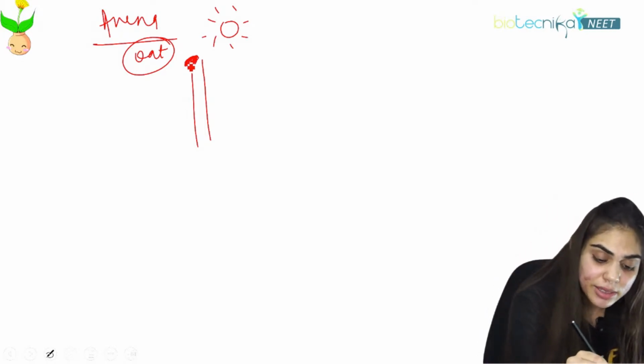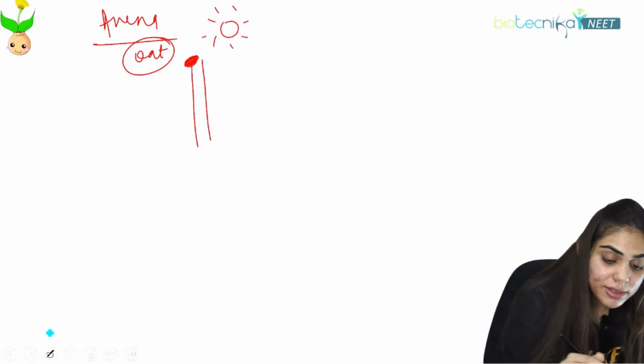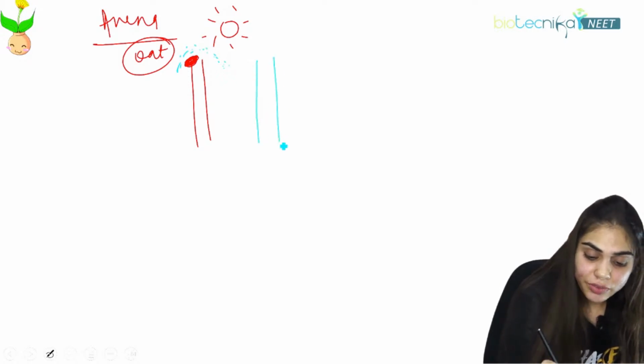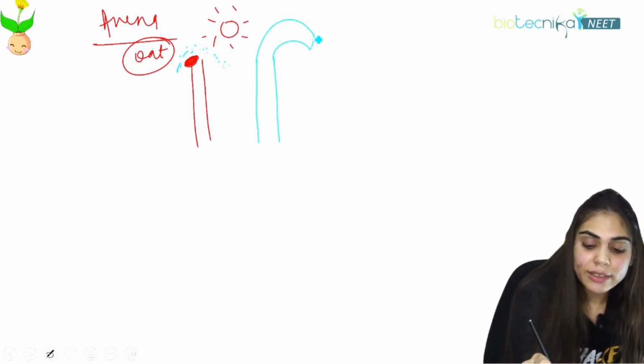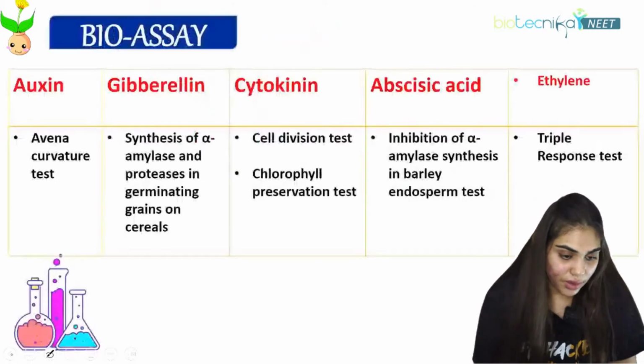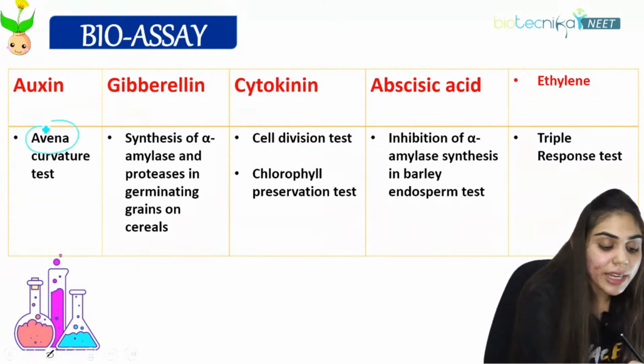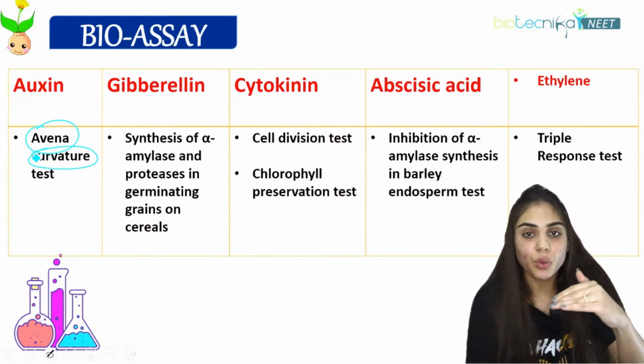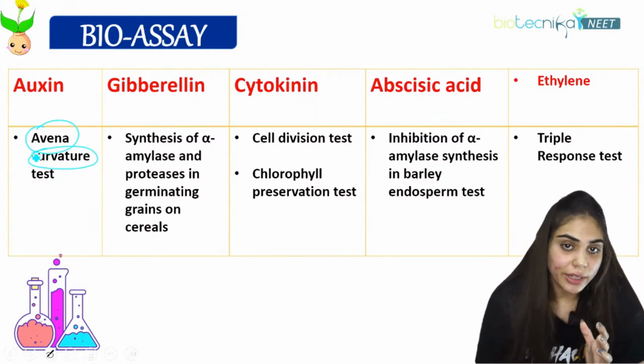This chemical substance caused the plant cells to grow towards the light side, so after some time the plant will bend. This is the bioassay for auxin, called the Avena curvature test, because the Avena oat curves towards the sun side, where there is more light.